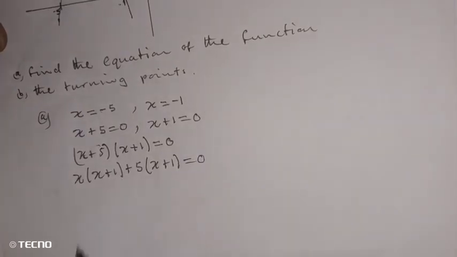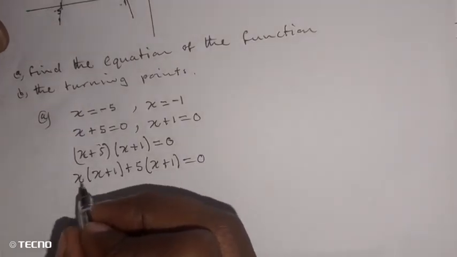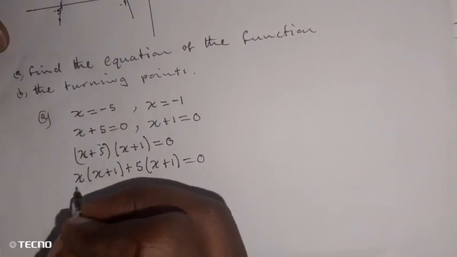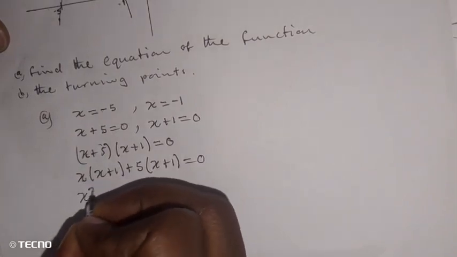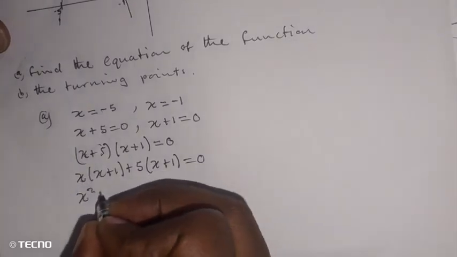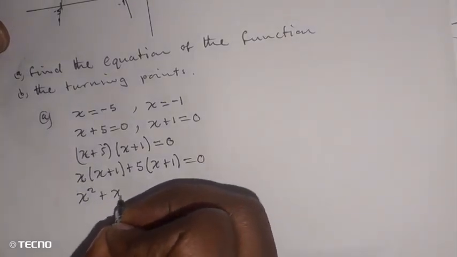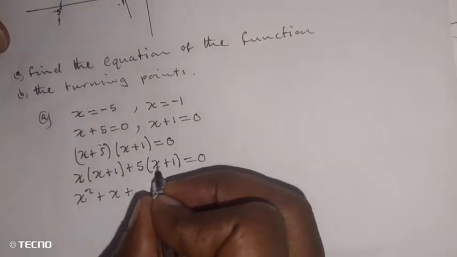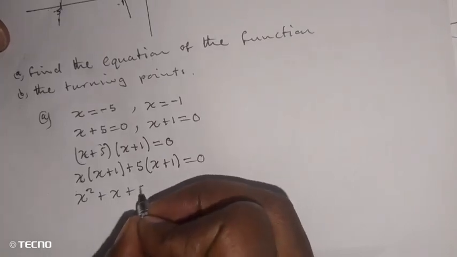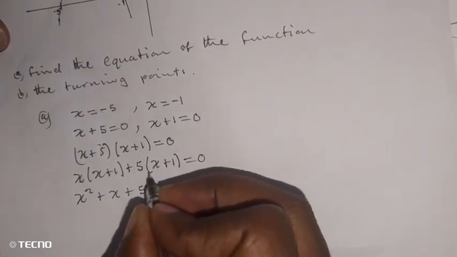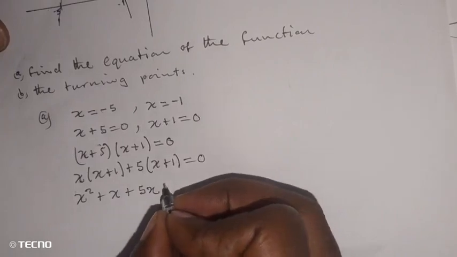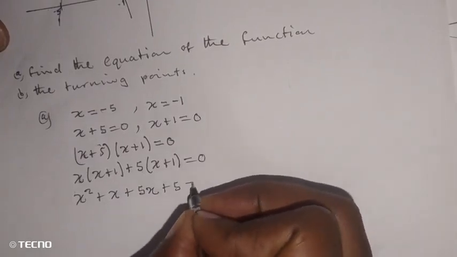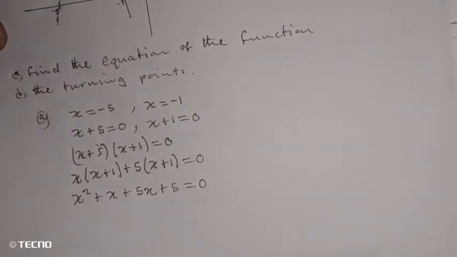Okay, so having something like this, which means we can multiply throughout. This x times this, we are going to have x squared. Then this and this, we are going to have plus x. Okay, here it's plus 5 by x, here we are going to have 5x. Then this and this, we are going to have plus 5 is equal to 0.